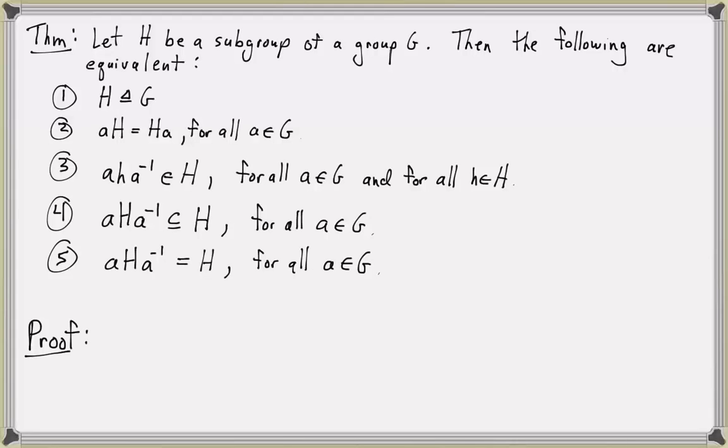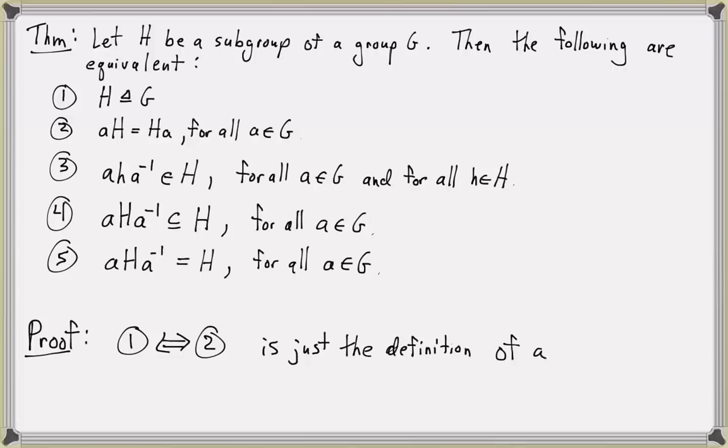So for the proof of this theorem, we see that 1 is equivalent to 2 because this is just the definition of H being a normal subgroup.